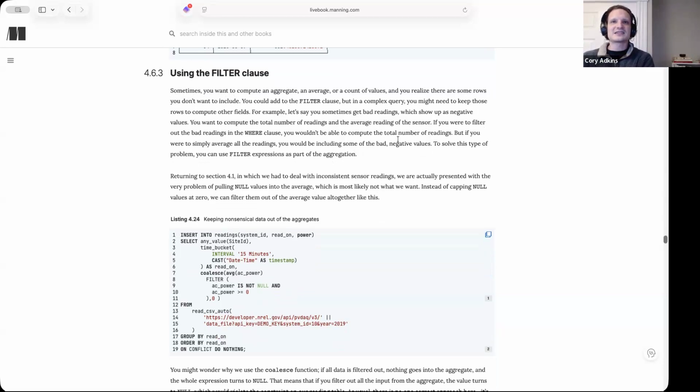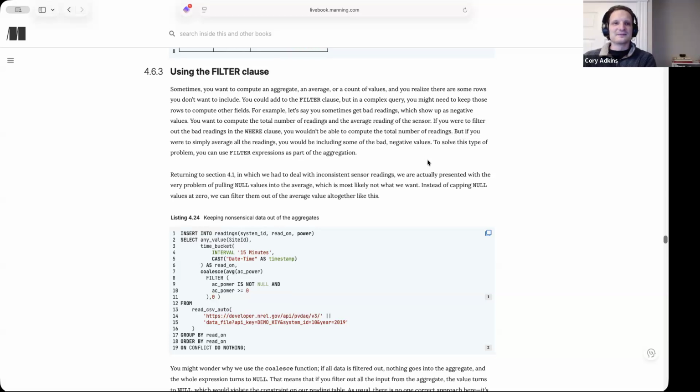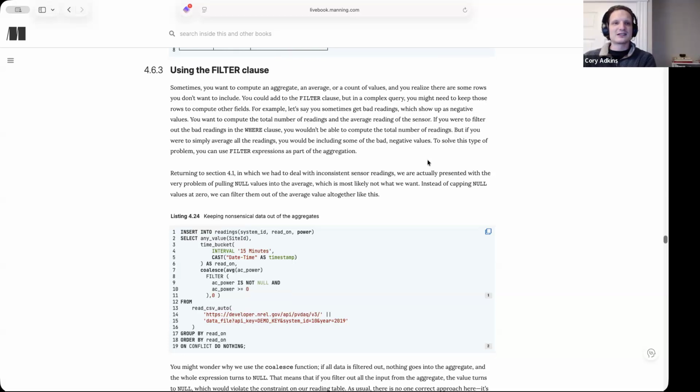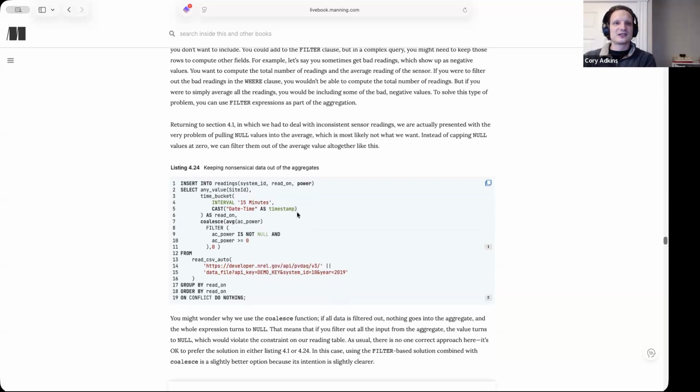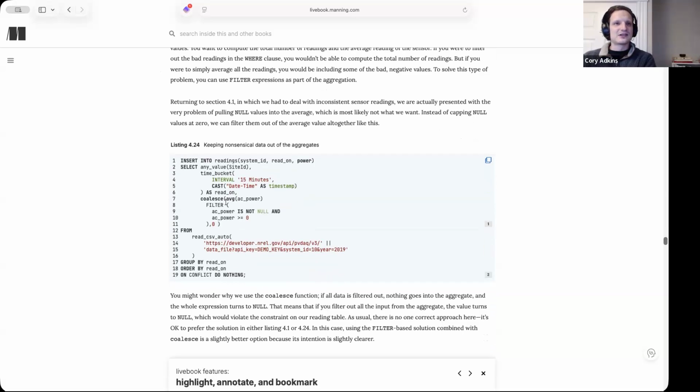In this case, maybe there are some bad readings, they're negative or whatever, and energy can't be negative, although maybe it can be. So we want to leave those in the data set. I guess that's a matter of judgment. But when they do these various averages and mins and maxes, they don't want those to be incorporated, and so they use this filter. And so filter gets applied.